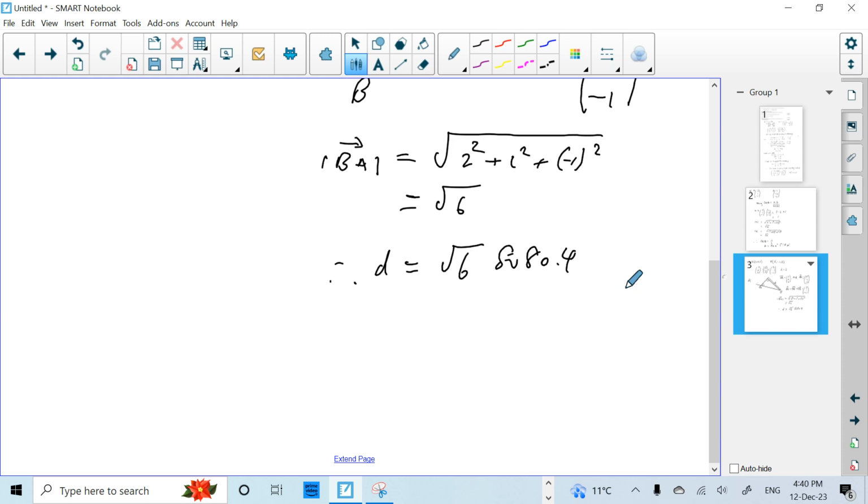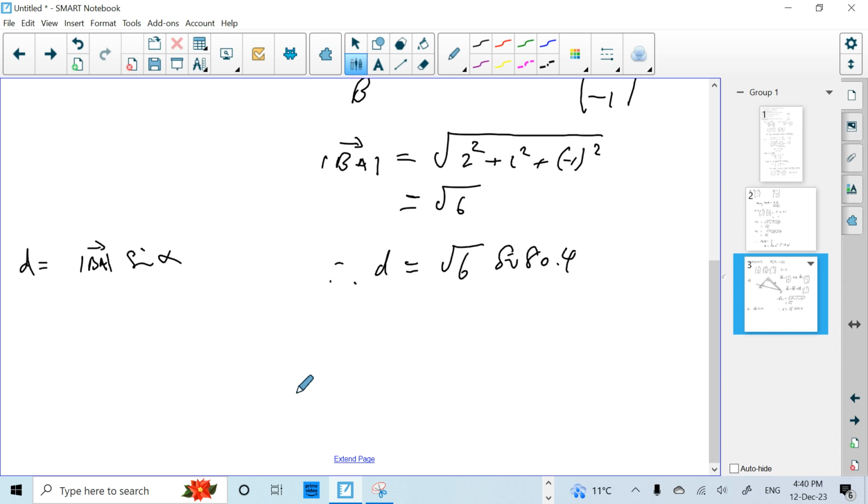We know that the shortest distance of B to the line L2 is given by D is equal to the modulus of BA times the sine of alpha.